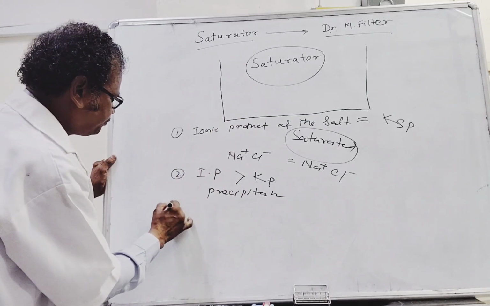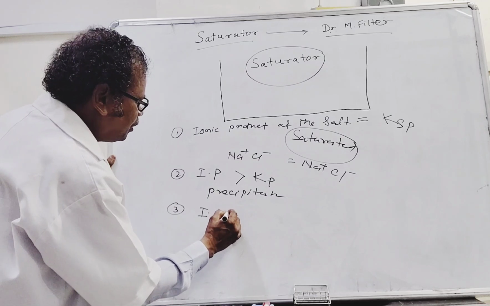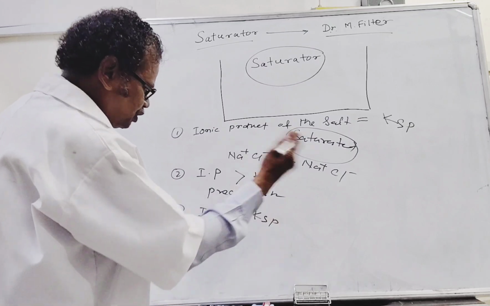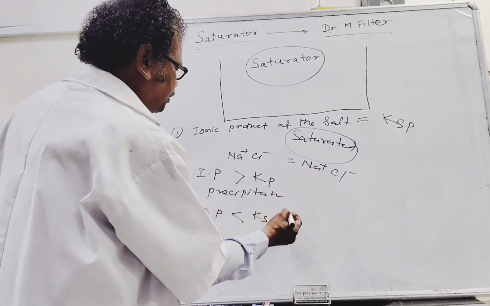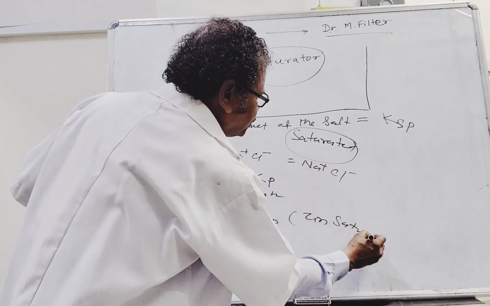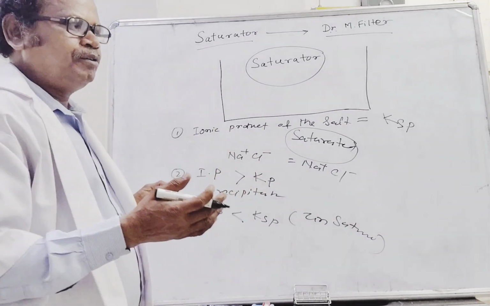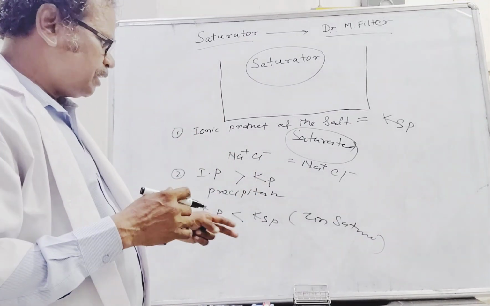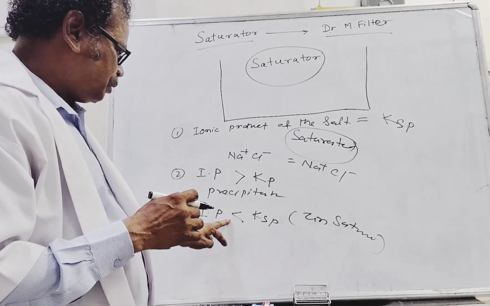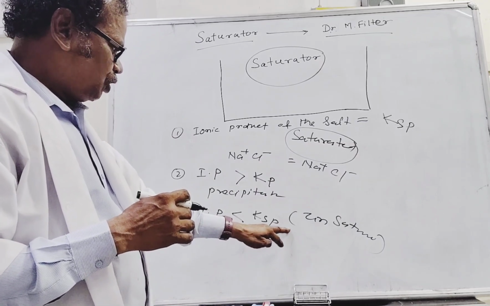Third, when the ionic product of the salt is less than the Ksp value of that salt, that is unsaturated. For example, oil floating in water is unsaturated, or the ionic product of that particular salt is less than the Ksp of that salt.